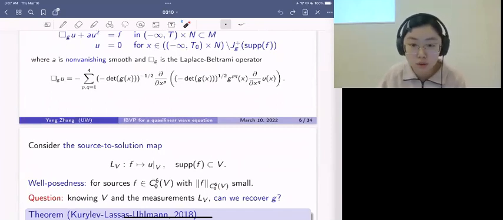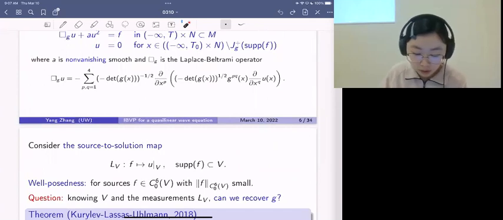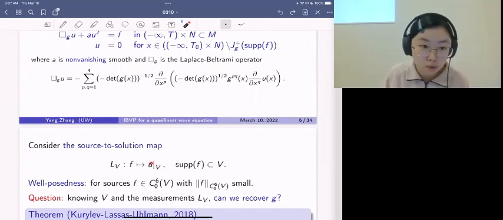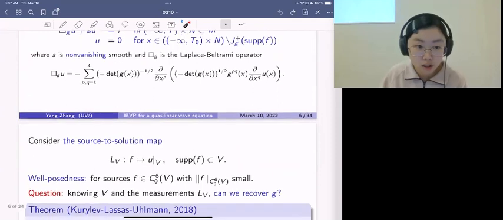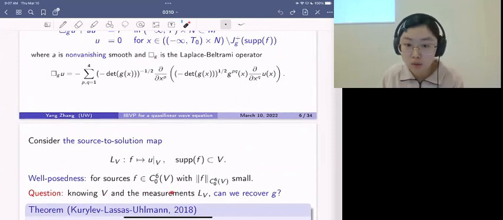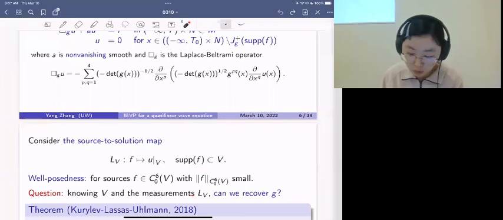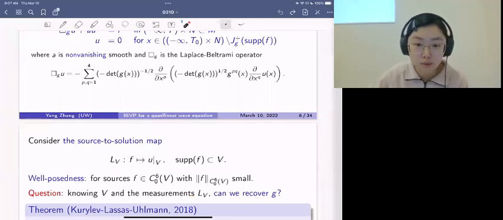If we restrict the solution to the observation set, then this gives us the source-to-solution map. The question is: knowing the observation set W and the metric there, and knowing the measurement, which is the source-to-solution map, can we recover the metric g in this Lorentz manifold?